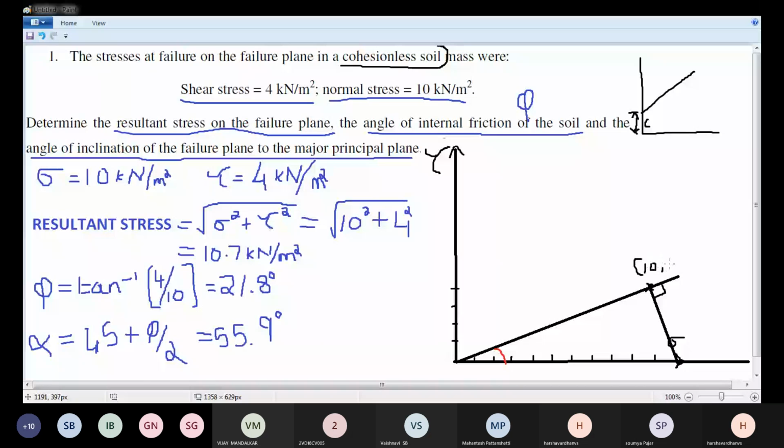10, 4. So we are drawing a perpendicular from the failure point to the x-axis.